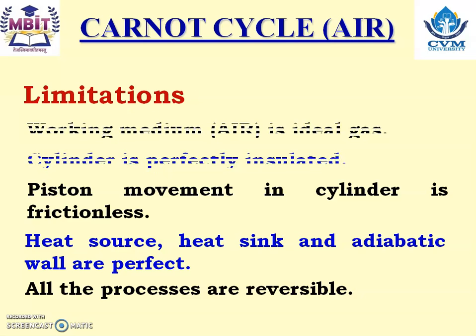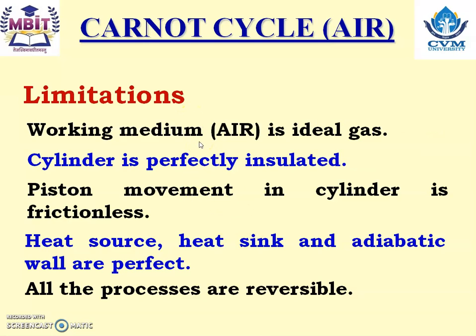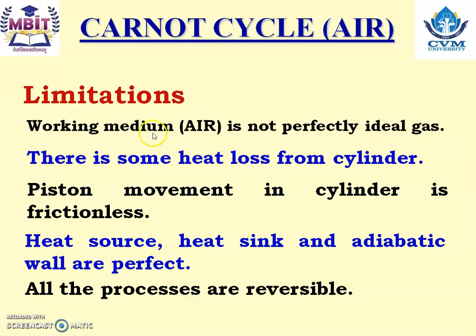Now what are the limitations? So the assumptions become the limitations. Let us see. What was the assumption? Working medium air is ideal gas and cylinder is perfectly insulated. Now this again becomes the limitation. What is the limitation? Working medium is not perfectly ideal gas. And second one is there is some heat loss from the cylinder. Now what are the next two assumptions?